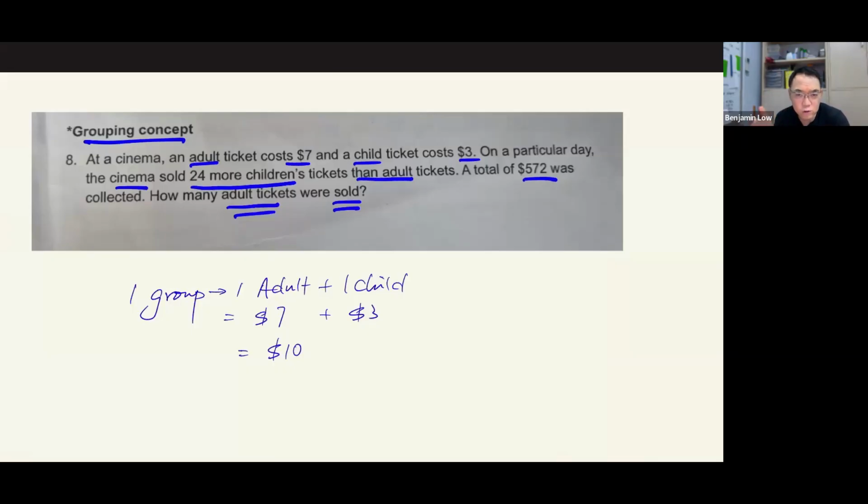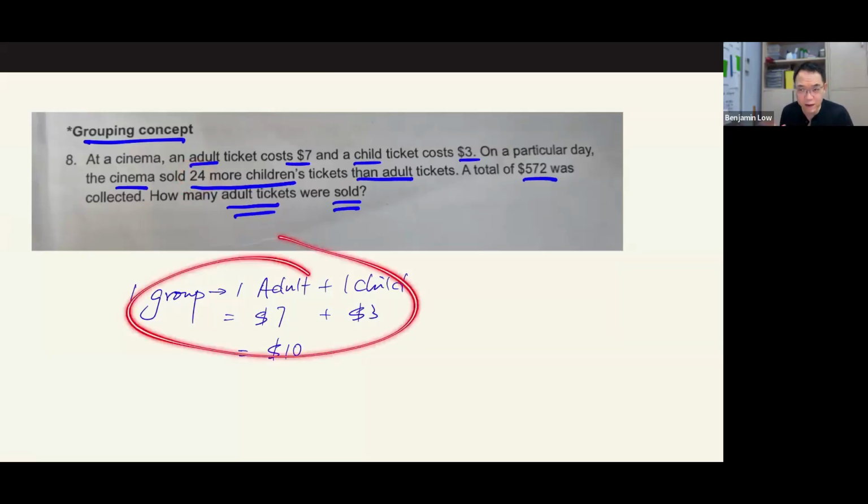Now, if the number of adult and children tickets sold are the same, then of course this number should be divisible by this number, but obviously it's not, right? And the reason is because there were more children's tickets, 24 more to be precise. So you need to take away the extra that is not part of the group. This 24 is not part of the groups.